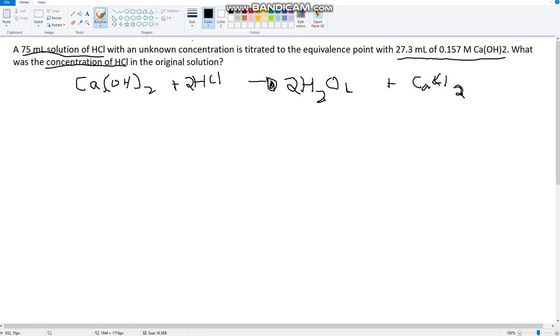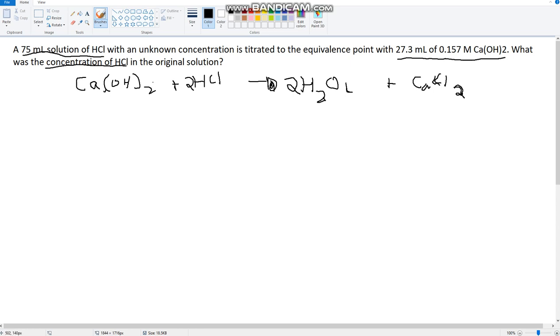Alright, so first, we can see that for every calcium hydroxide, there are 2 hydrogen chlorides. So from there, we're going to try to get the moles of hydrogen chloride, and then using the moles and the given volume, we will find the concentration of HCl.